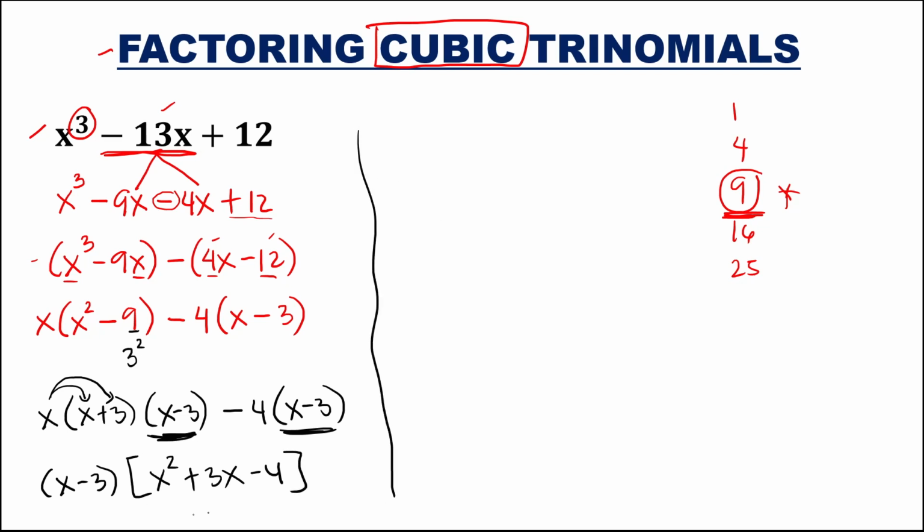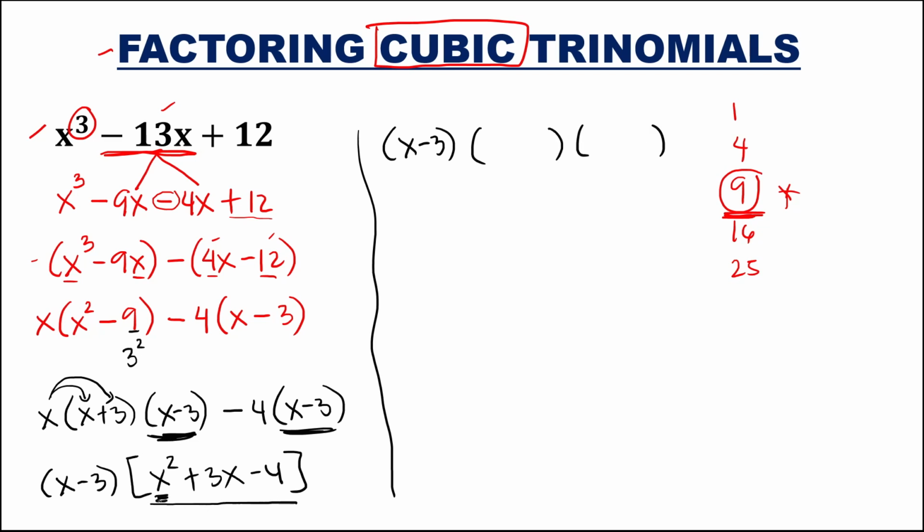Then since we can factor out this trinomial, using the quadratic factoring, this becomes x minus 3. And for this, we need to factor out.